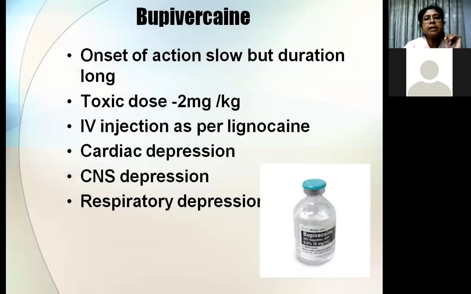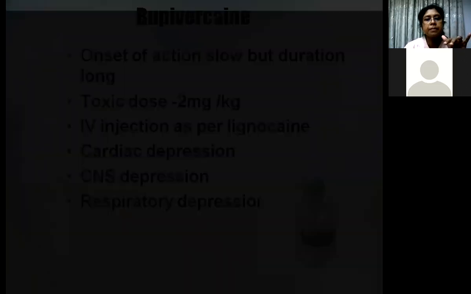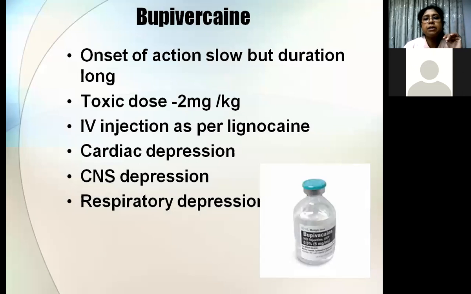Bupivacaine is another drug that we use. It has longer action, but slow onset. Toxic dose is 2 milligram per kg. Cardiac depression, and because it stays longer, the cardiac problem will also become longer.